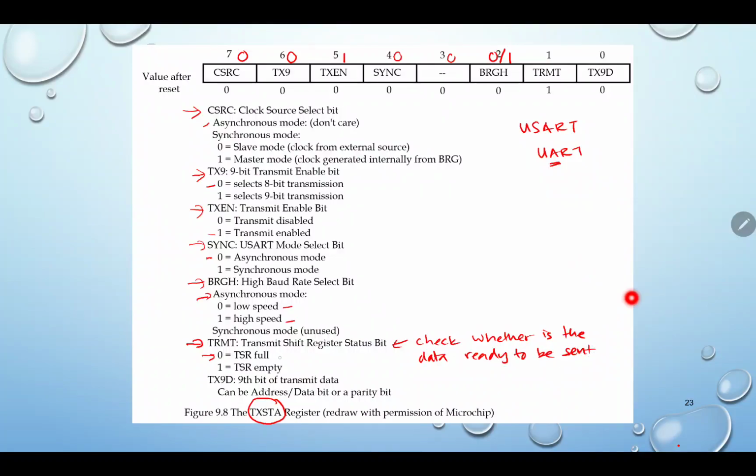If it's ready to be sent, it will be 0. If it's still showing 1, that means it is still empty. And of course, the last one is transmit 9-bit data. Usually this one also will be 0. So usually the transmit bits will always be 0, and the only thing that you will see that will have a different value is this one. So this is on the transmit status register.